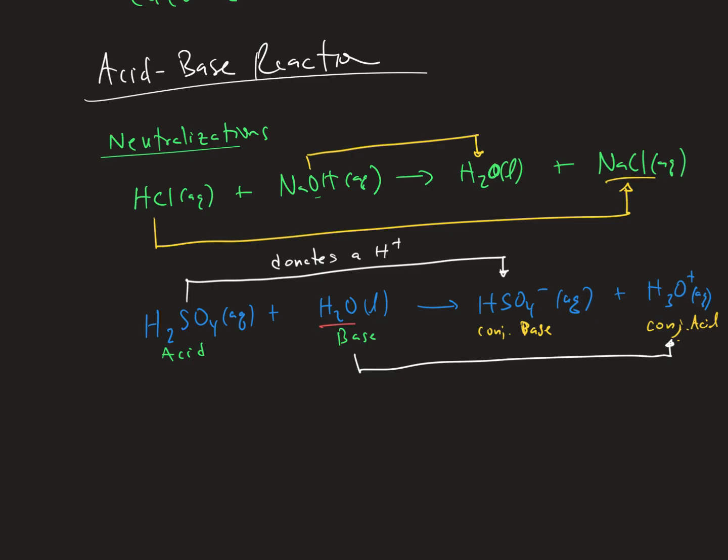And it donated it to the water, so now the water is H3O plus, or hydronium, sorry. Good? So this accepts a hydrogen ion, telling us it's the base. Are we good with this so far?